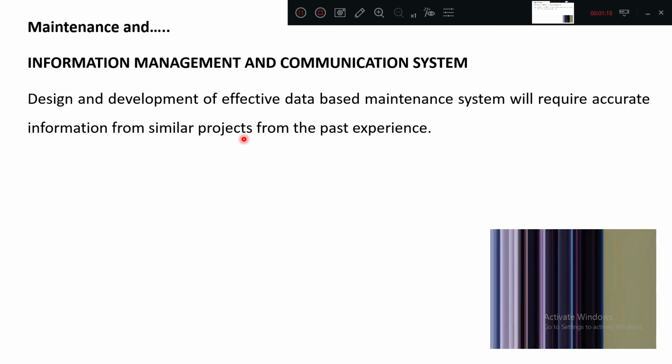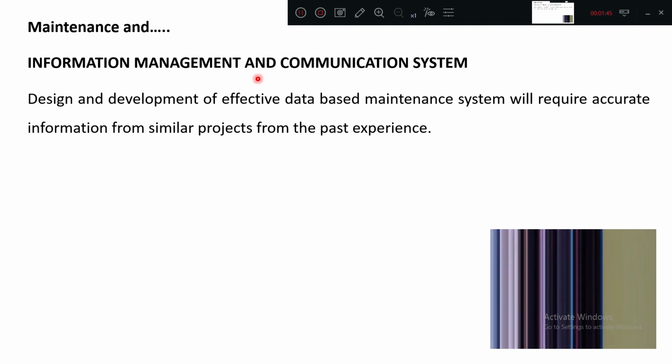For designing this maintenance system for the upcoming township or any building project or any mechanical project, he has to do two things. One is he has to develop one information management system, and another he should develop one communication system.